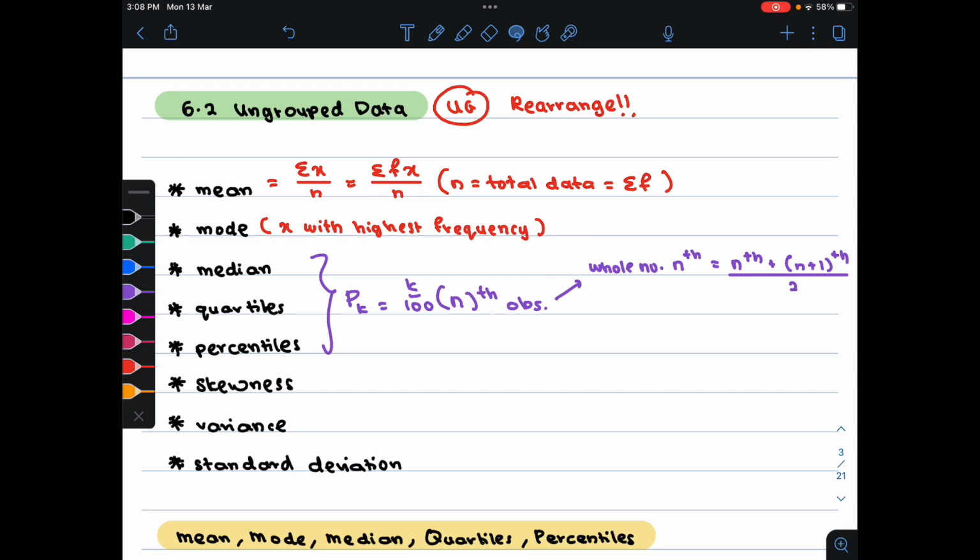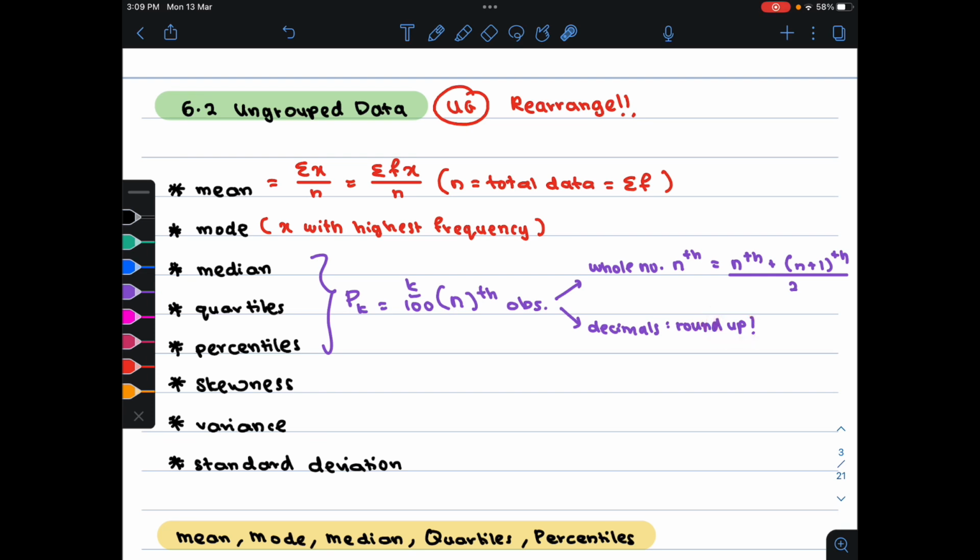So you're gonna take the nth data, and then you're gonna add it with the next data afterward before you divide it by 2. But if you do this formula and then you get a decimal, you need to round up to get a new data. So the keyword here is round up, not round off.